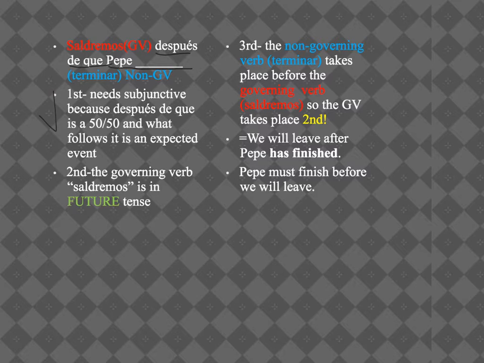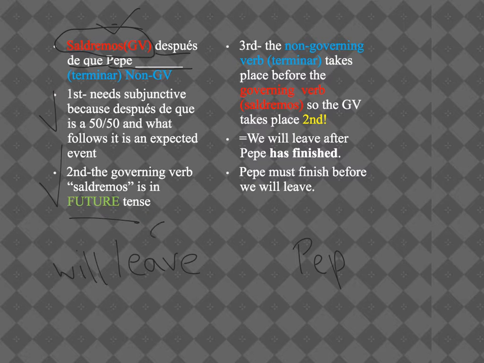Second, governing verb, again, the one that's already conjugated. I have to identify that it's either in a present or a future tense. Saldremos is future, so it meets that. Now, I compare my two verbs. We will leave, so leaving, saldremos. And then Pepe finishing. So will leave, that's my governing verb.